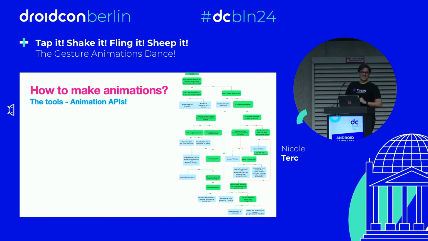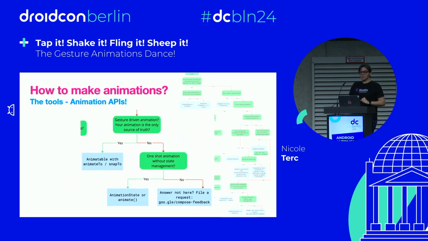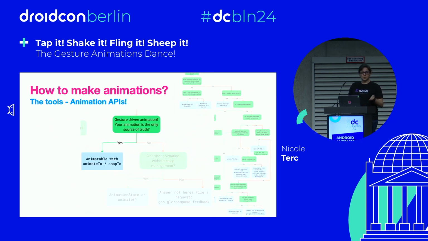I know it looks daunting and it's a bit lengthy, but it works really well. The only thing you need to do is start from the start, navigate all the questions until you reach your use case, and when you do, you're going to get right there the API that you need to use. Which in our case, since we're going to be working with gestures, the API we need is Animatable, which is a coroutine-based API.